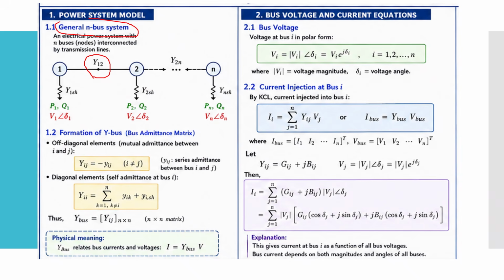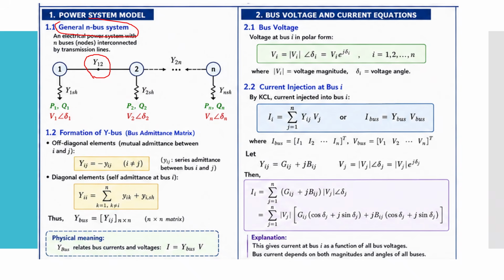So, for off-diagonal elements, the mutual admittance between i and j: Yij is equal to minus yij. Yij or Yji, the series admittance between bus i and bus j, is taken as the negation of the bus admittance. But for diagonal elements, which we call the self-admittance at bus i, we add all admittance connected to that bus.